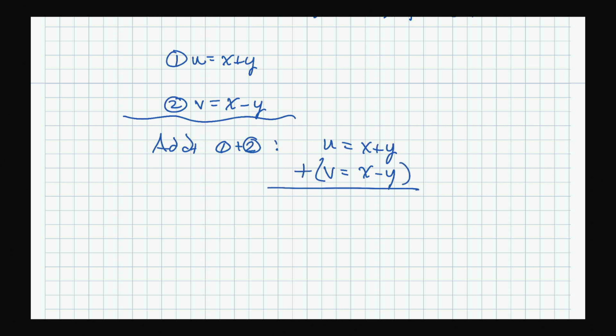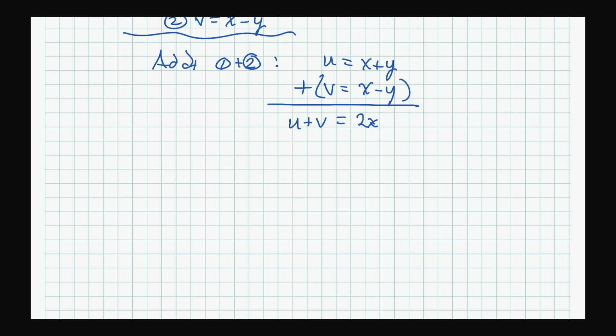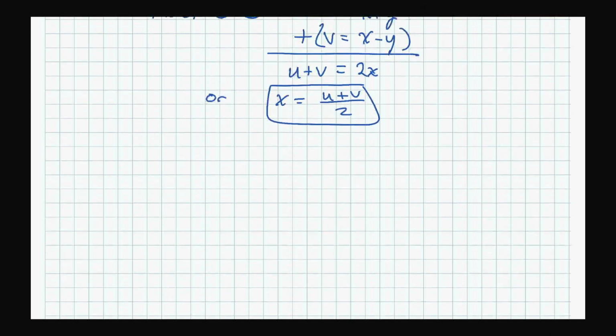On the left, you get u plus v, and on the right, you get x plus x, which is 2x, and y plus negative y, which is 0. So you end up with x equals u plus v over 2. That's one of the things you need, right? That's what we mean when we say x is a function of u and v.